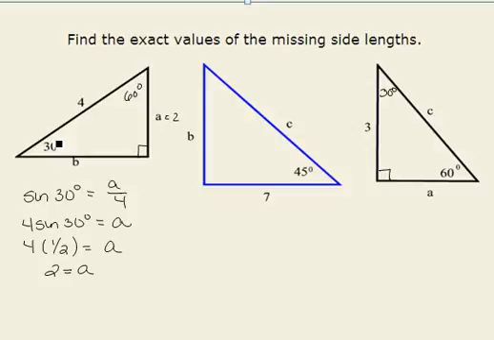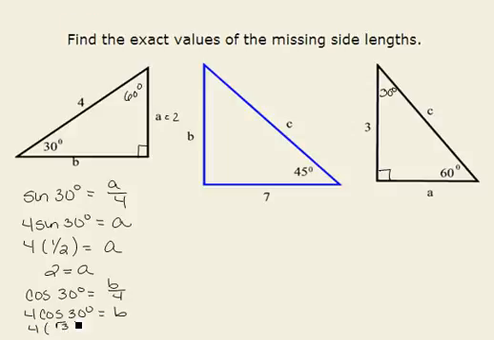If we use cosine, we'll have the cosine of 30 is equal to B over 4, or 4 times the cosine of 30 degrees is equal to B. Cosine of 30 degrees is the square root of 3 over 2, giving us B is equal to 2 times the square root of 3.